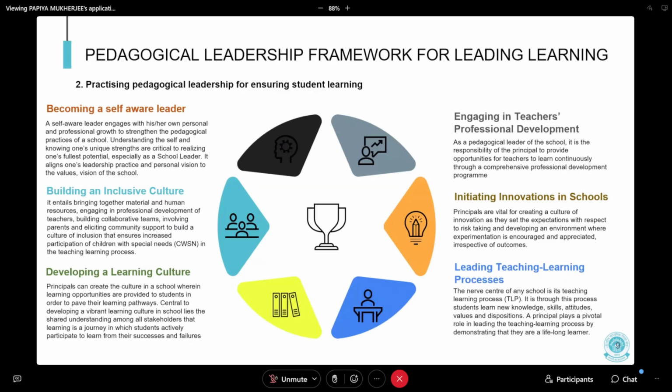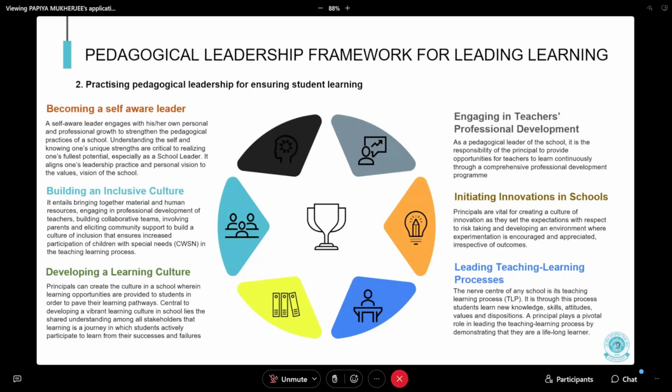You need to give that assurance to the teacher, to the student: no matter what, try out new things, think divergent, think out of the box. You allow them to take a risk, and the outcomes may be as desired, or may not be as desired. Once that has been taken care of, you are able to practice pedagogical leadership to enhance student learning in the school.